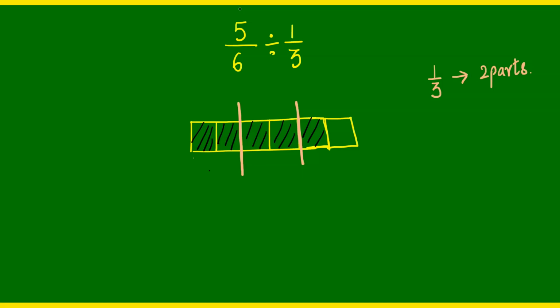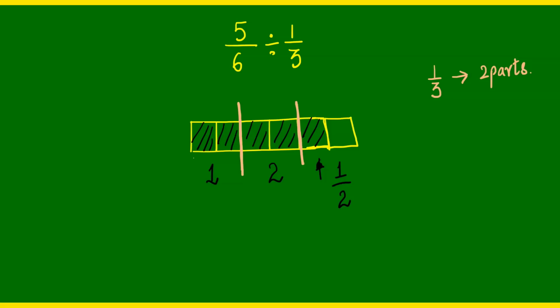So we can see that 1/3 is coming inside 5/6. Another 1/3 is also coming inside 5/6. And the third one is just coming 1 out of 2. 1 out of 2 means it is coming half.